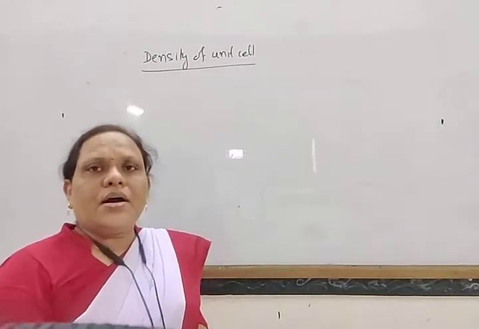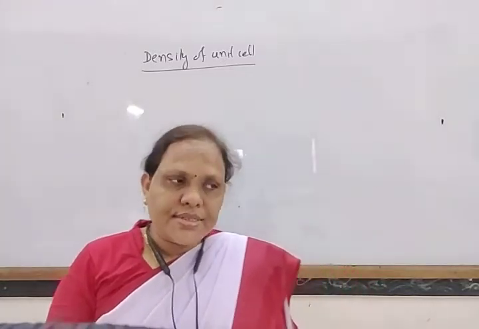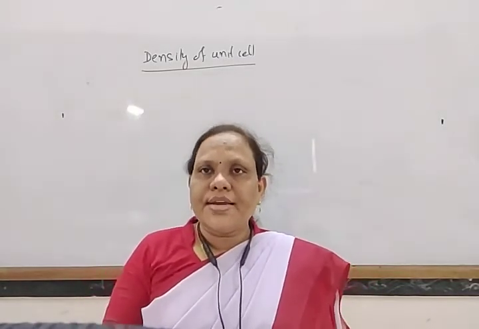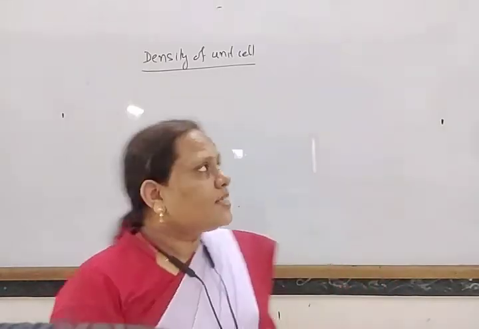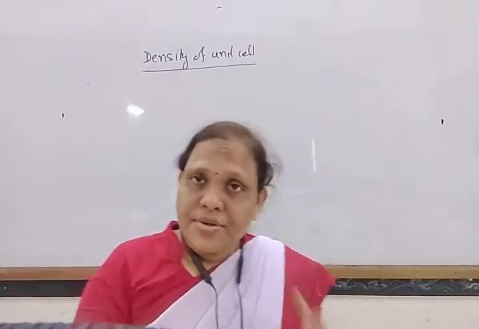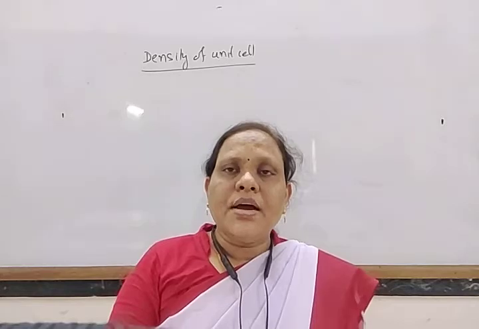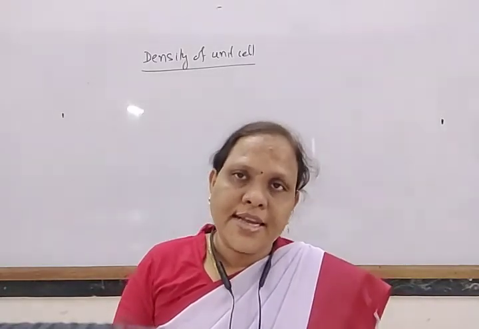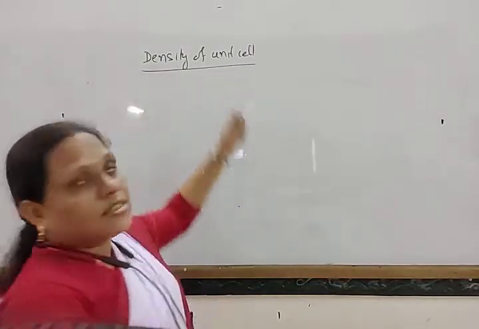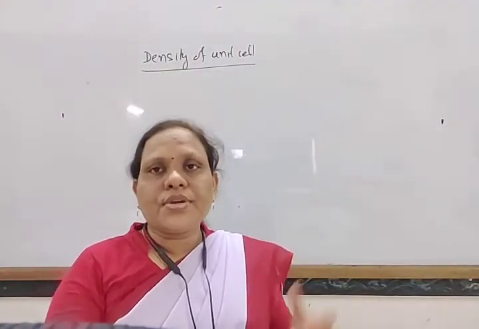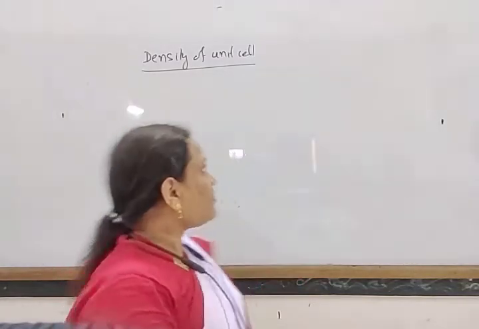So actually a crystal is the repetition of unit cells. When the unit cell is repeated in three-dimensional way in different directions, it gives rise to the complete crystal structure. So the density of the unit cell is also the density of the crystal. To find the density of any element, we can first find the density of the unit cell, and from this determine the density of the element or metal.